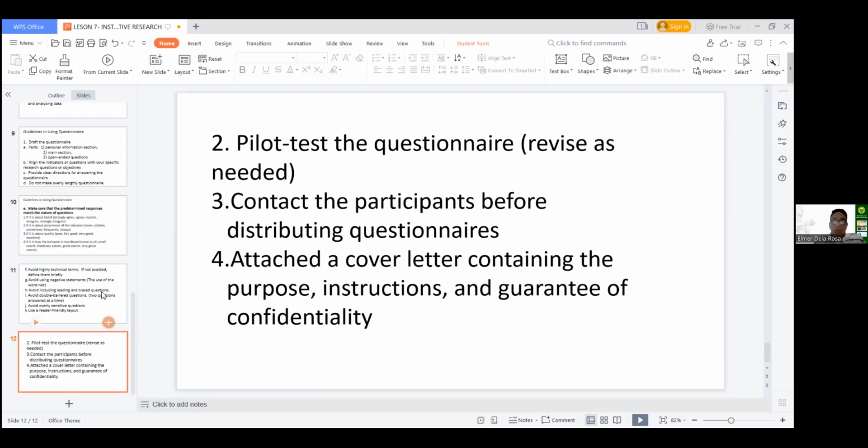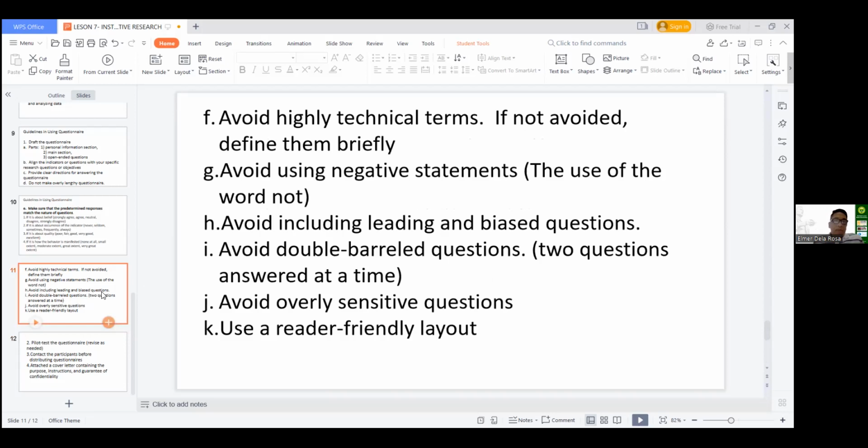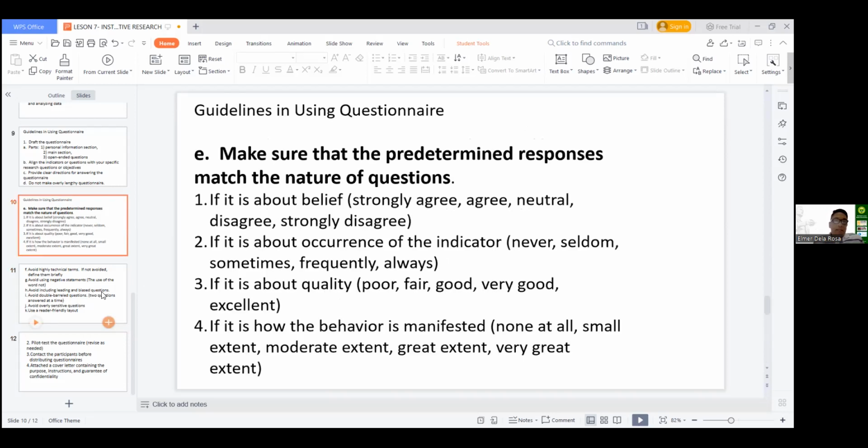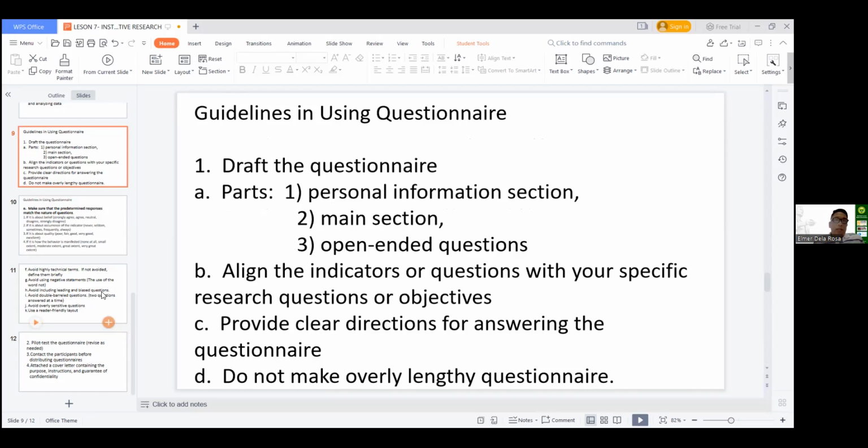Okay? So at this point, I cannot show you an actual instrument for a particular study kasi iba-iba naman yung studies na meron tayo. So later, yun ang ibibigay ko sa inyong assignment kung ano yung naiisip nyo na questionnaire doon sa inyong napiling mga variables after you were able to forward your research questions and hypothesis.